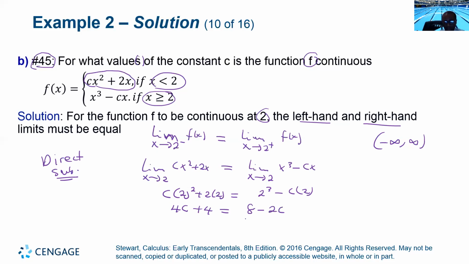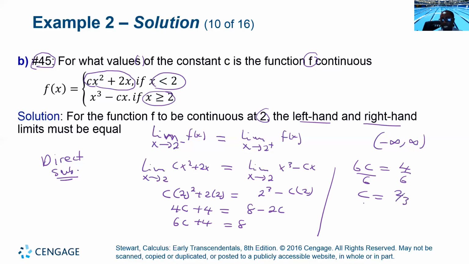Then we add 2c to both sides. That gives me 6c plus 4 equal to 8. Then I have 6c is equal to 4. When you subtract 4 from both sides and divide both sides by 6, we have c is equal to 2 over 3.